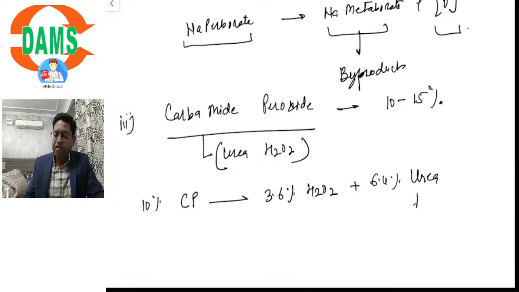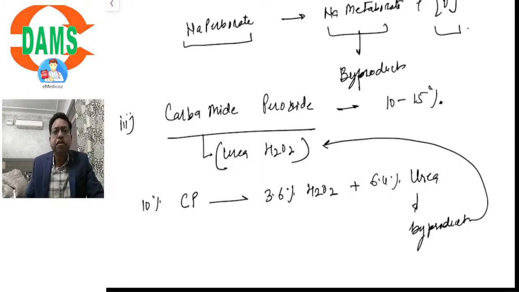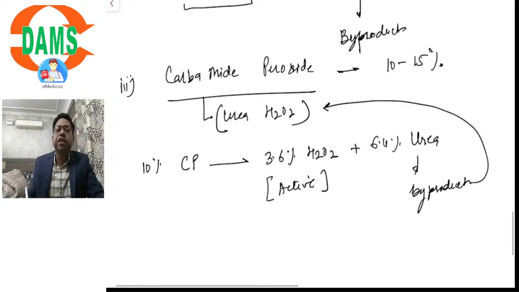So urea is a byproduct, and that's why it is called urea hydrogen peroxide. This hydrogen peroxide is the active ingredient, and this would further break down into water and nascent oxygen that we have already seen. That nascent oxygen would cause bleaching of the tooth structure.